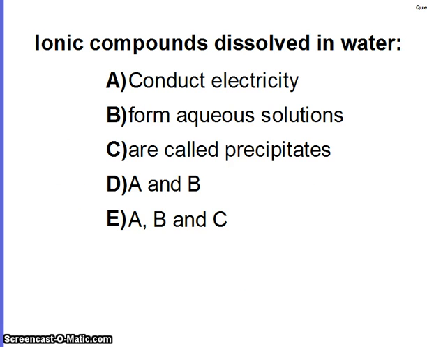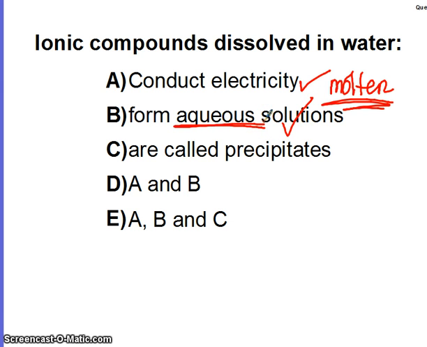Ionic compounds dissolved in water conduct electricity. The other time they'll conduct electricity is when they're molten or melted. They do form aqueous solutions. That literally means dissolved in water. They're not called precipitates. A precipitate is what you call a solid that forms in a reaction. So if they're dissolved, they couldn't be a precipitate. So A and B would be your answer.